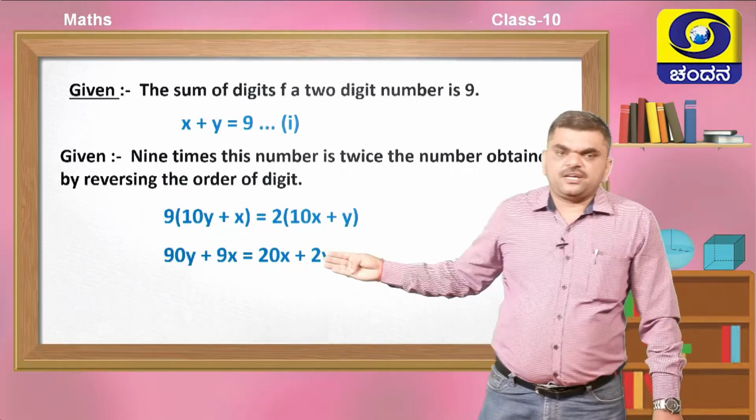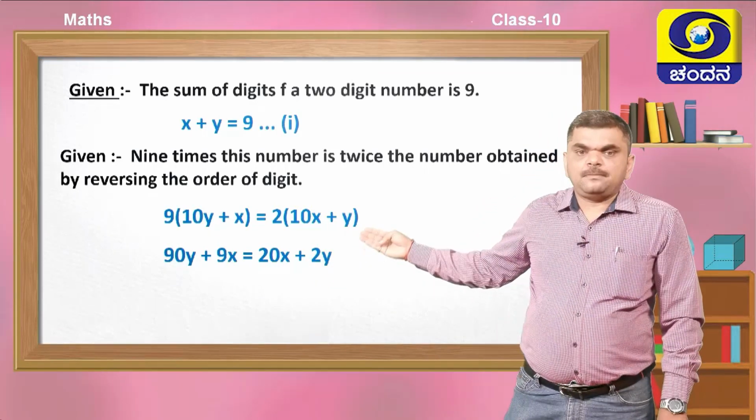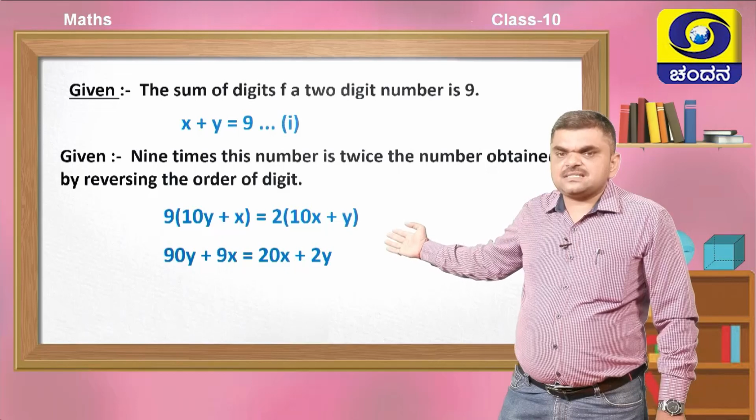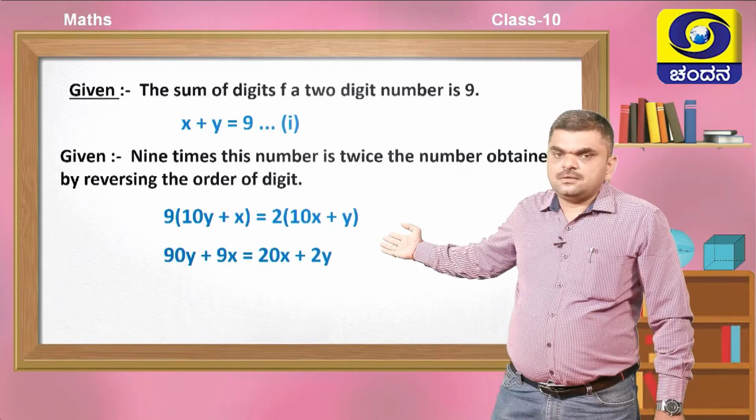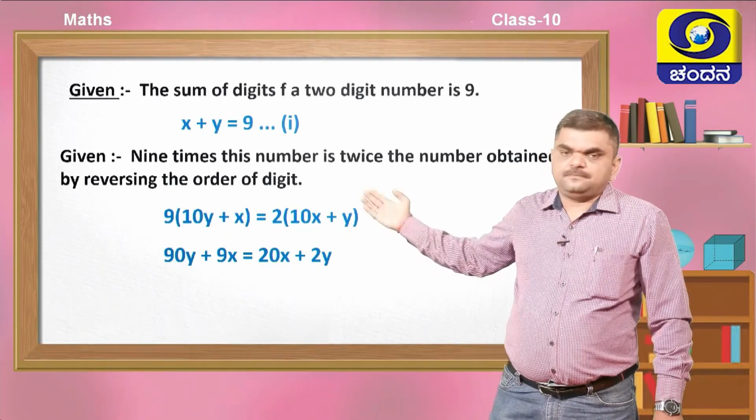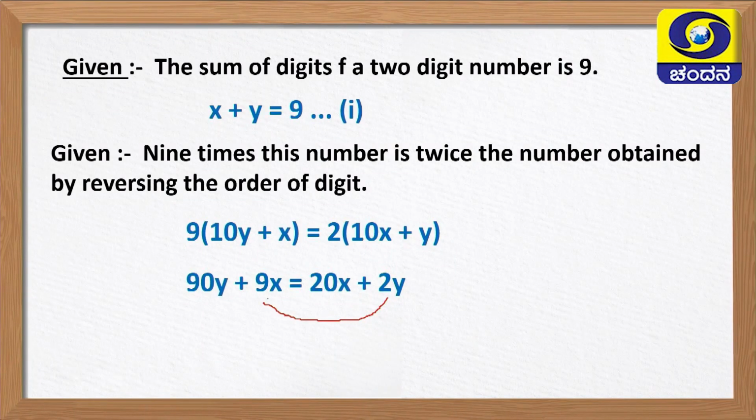So, on simplification we get 90y plus 9x is equal to 20x plus 2y. So, just interchange these two, or you may take all the RHS part to the left hand side.